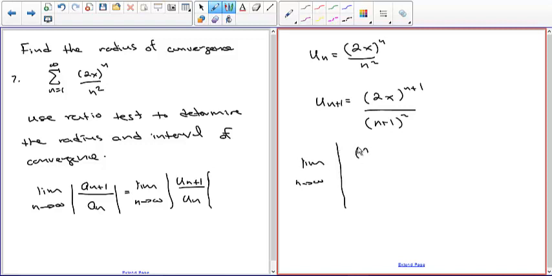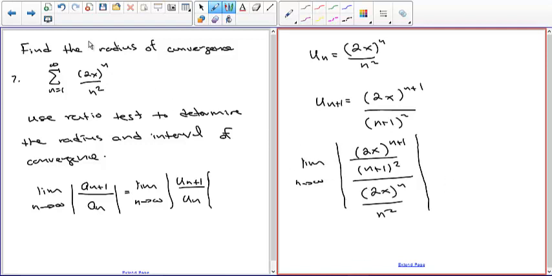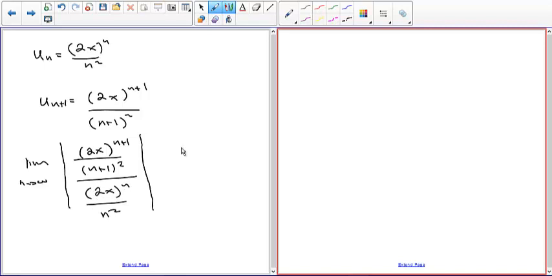So it's going to be 2x to the n plus 1 divided by n plus 1 squared, that's u sub n plus 1, divided by 2x to the n divided by n squared. And in the ratio test, what we do is we take the reciprocal of the denominator.